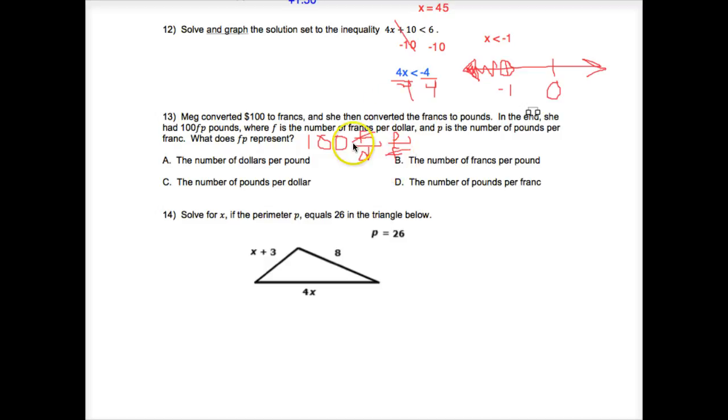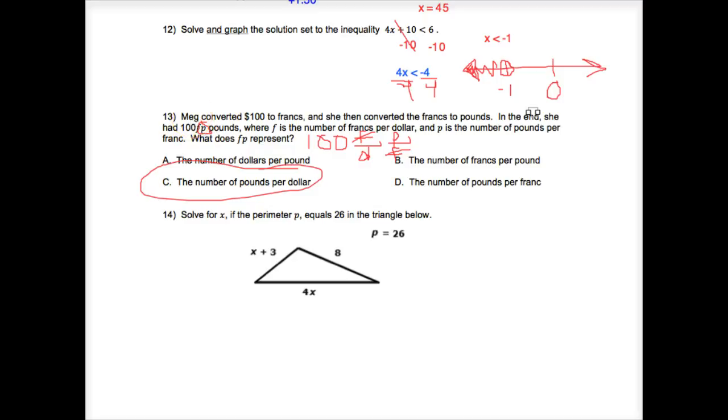So this part that originally was just represented by FP, I now have P over D, which P was representing pounds, D was representing dollars. So it's representing the number of pounds per dollar, which is C. Again, if you just knew that, that's great.